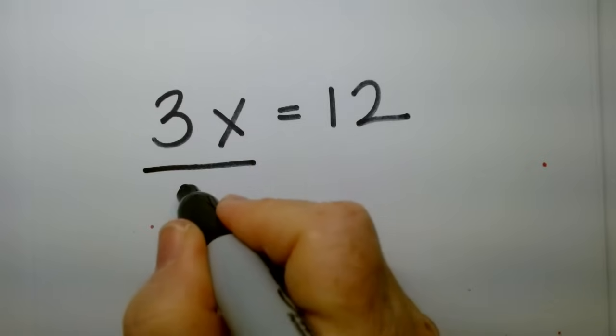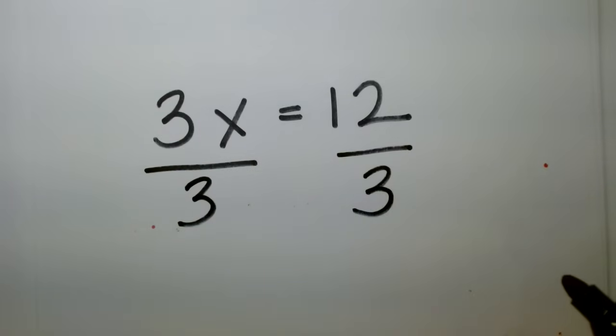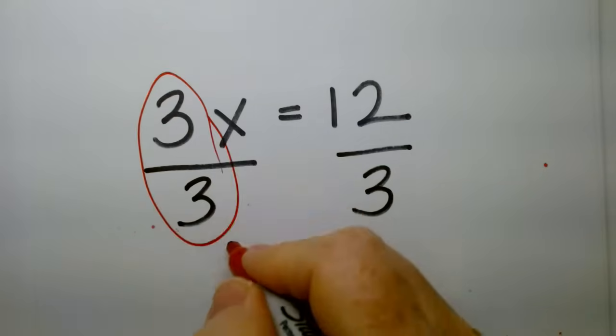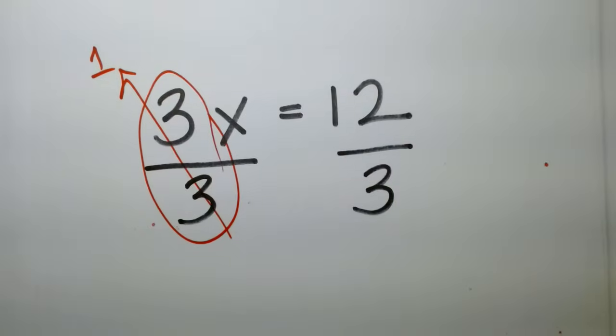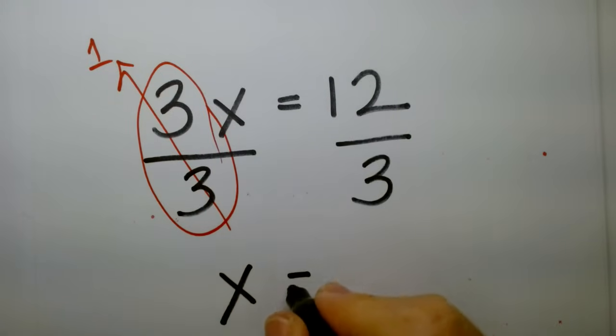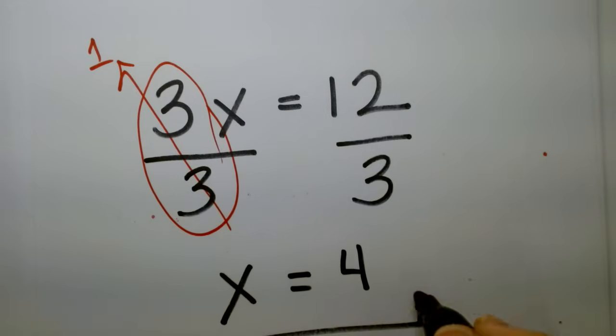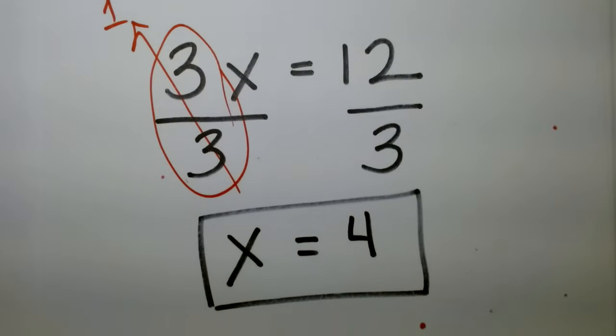There's only a 3, so I divide by that. And you do it to both sides. This 3 over 3 is going to become a 1. And so I can simply write down x. You don't have to write 1x because everybody knows that that's what this means. 12 over 3 is also known as 4.